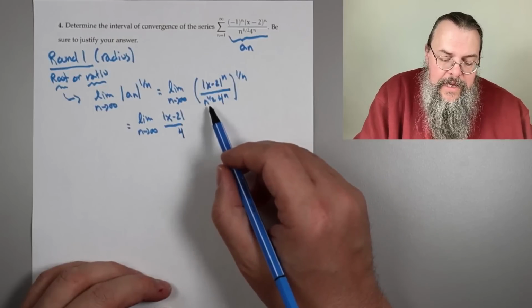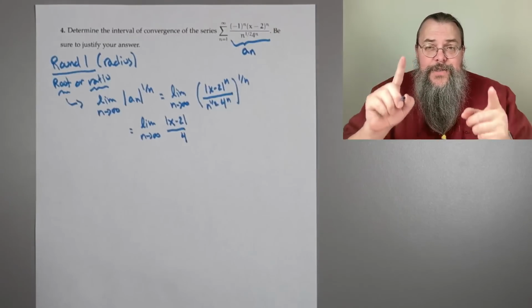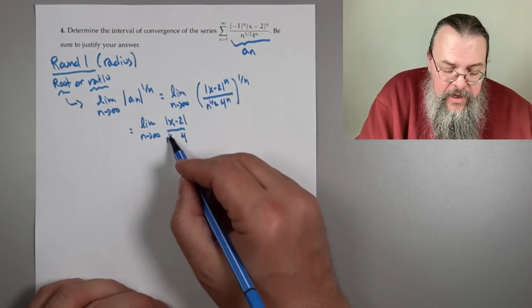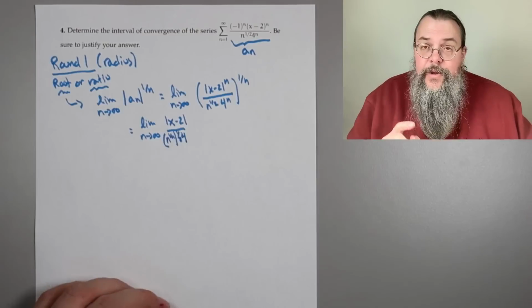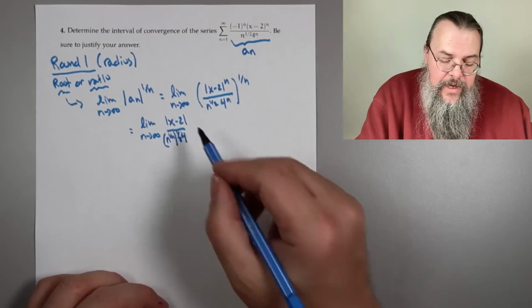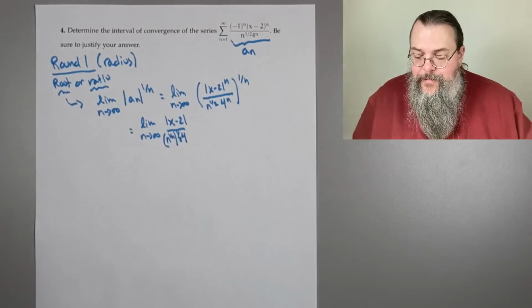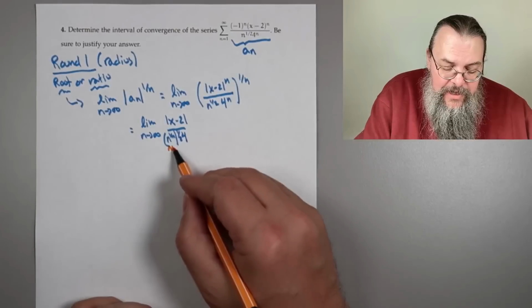And then we have n to the 1/2 to the 1 over n. Now, we're going to actually swap those. So we're going to think of this as n to the 1 over n, to the 1 over 2. And the reason we're going to do that is the only place we have n's right now is right here.